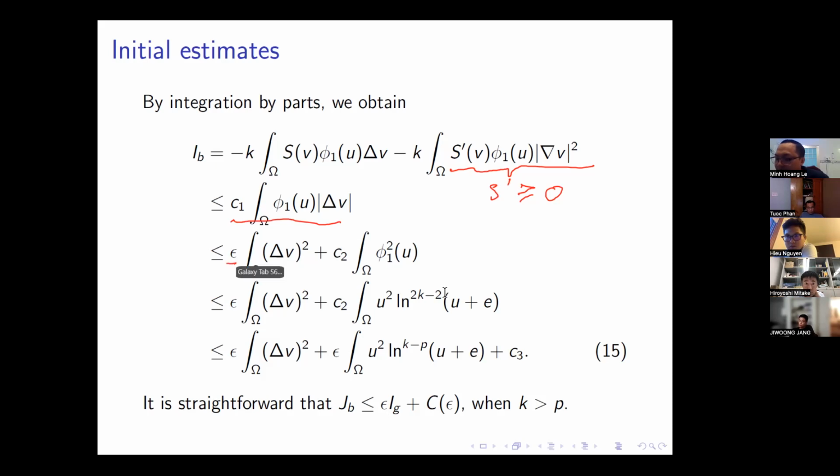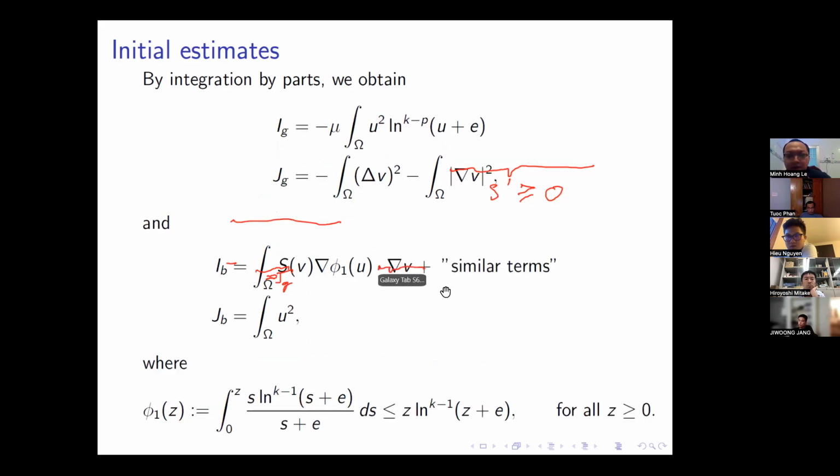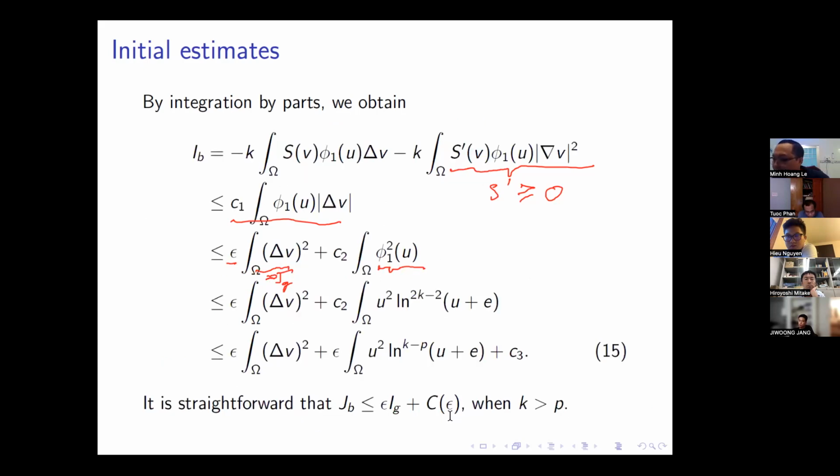We separate this is JG, a good term, minus JG, I'm sorry. So this is minus JG, and the phi1 here is bounded by, before we bounded by z log k minus 1 z plus e. So square it, then you have this. And finally, we just use some elementary inequality to obtain the last inequality.